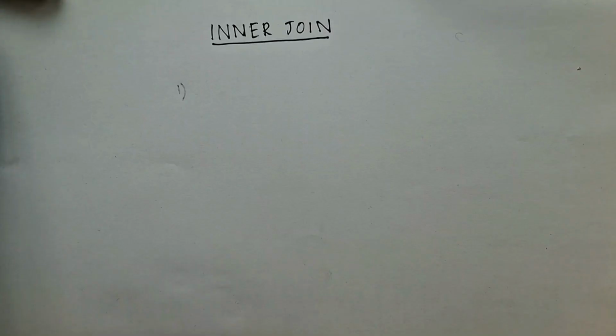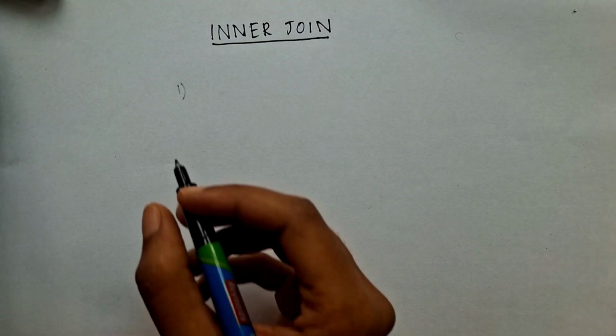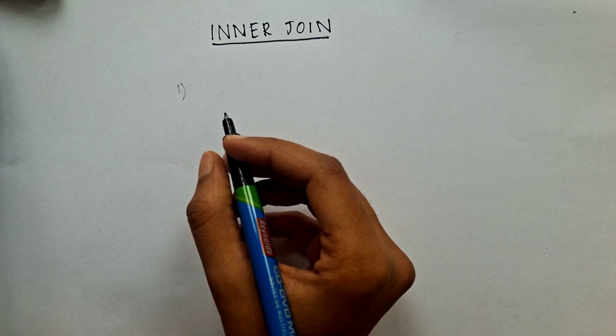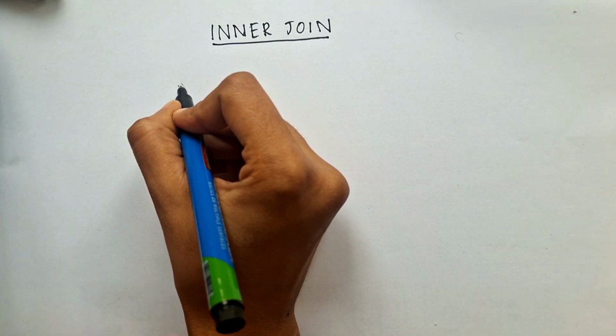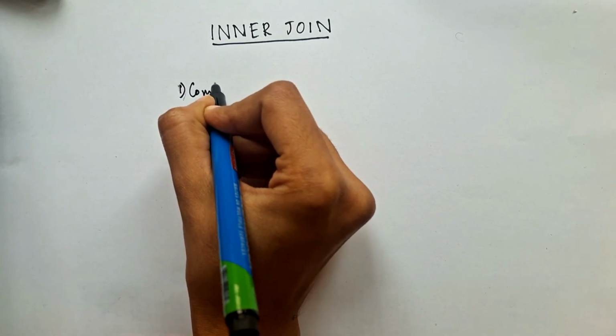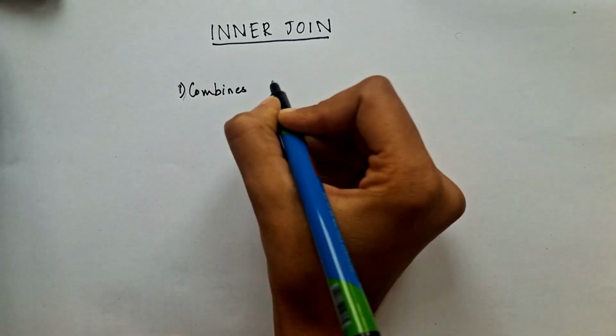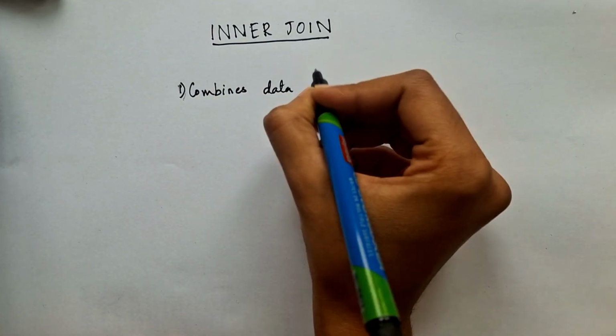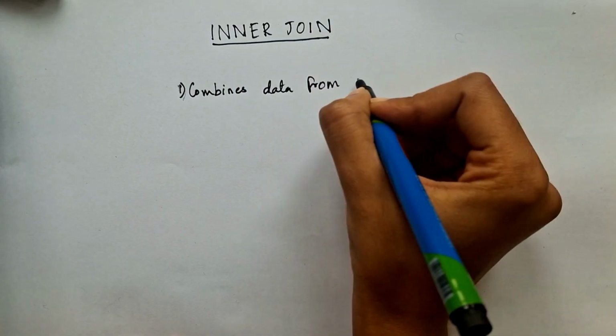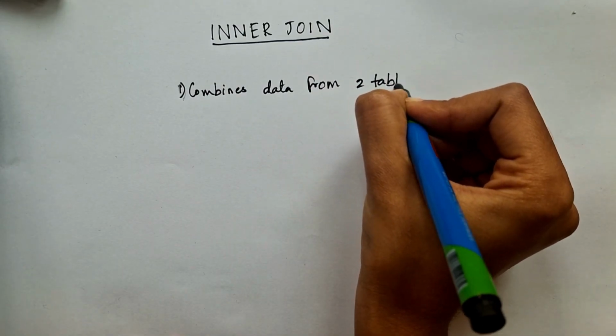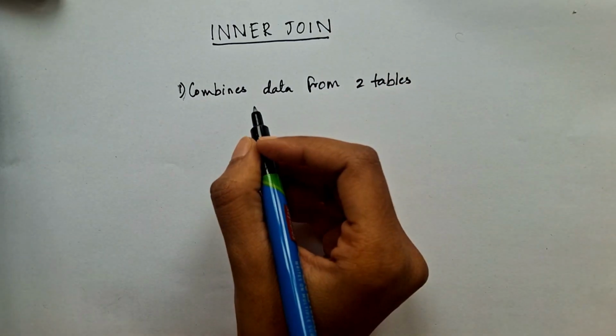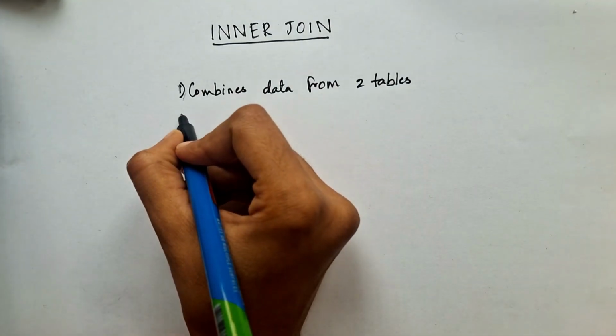I'll write 4 points here which are very important so you can understand what an inner join is. First one is it combines data from two tables. Next is it is based on common column.